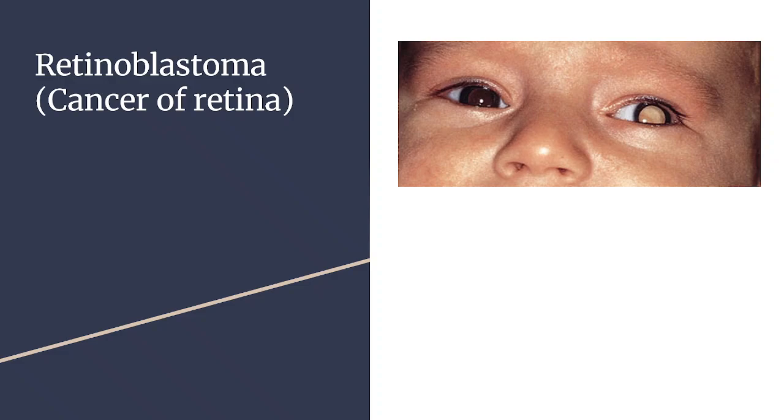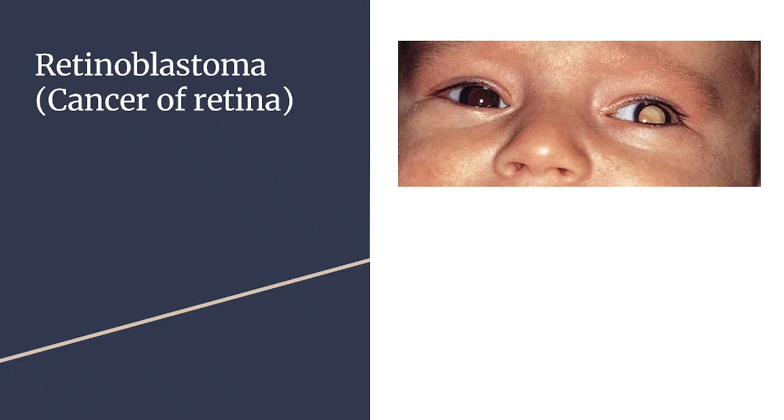There may be other causes of this white reflex as well, but an evaluation by an ophthalmologist is a must in children to rule out the possibility of this life-threatening disease.